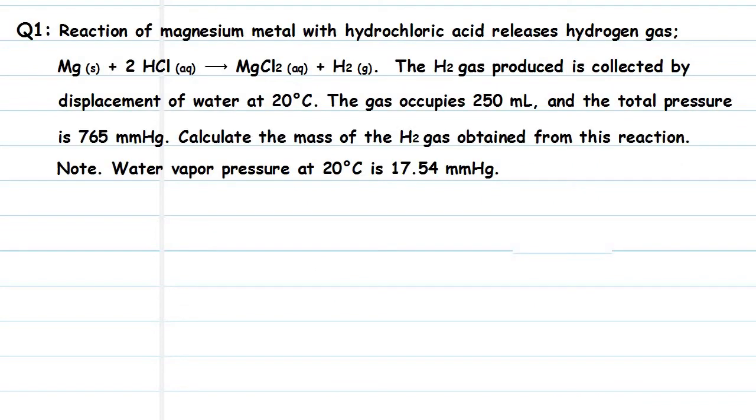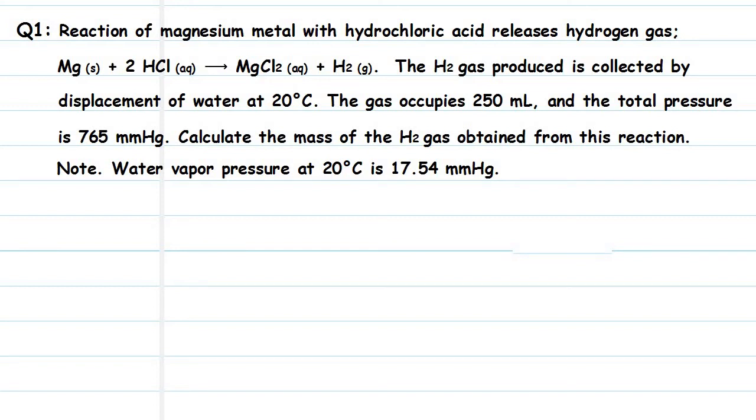For the first one, the reaction of magnesium metal with hydrochloric acid releases hydrogen gas, and the reaction is given here. The hydrogen gas produced is collected by displacement of water at 20 Celsius. The gas occupies 250 milliliters and the total pressure is 765 millimeters of mercury.